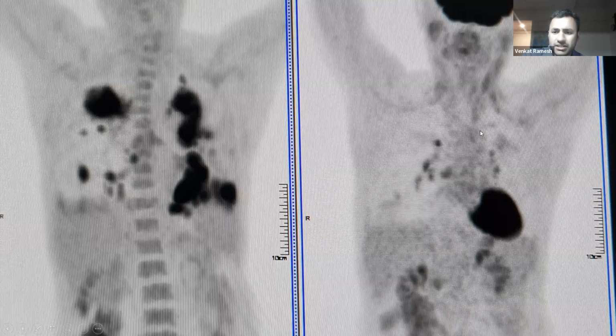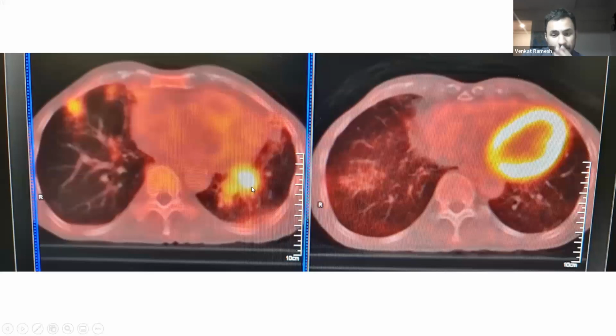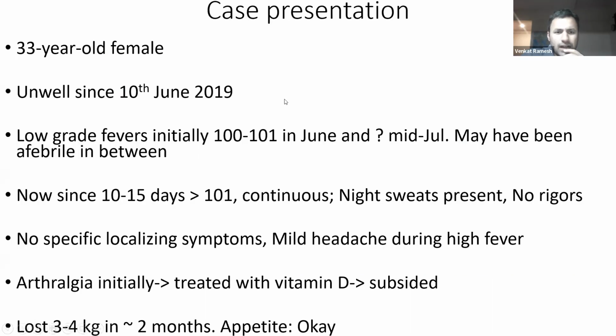So you can see that there is significant resolution of the disease in the lung. So of course, he was clinically responding to treatment, but this provided additional evidence of clinical improvement. So I'll just quickly run through another case.